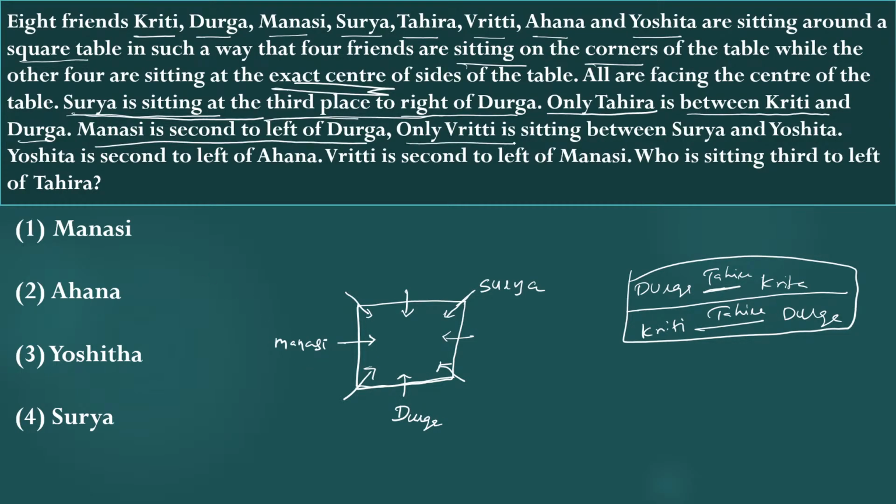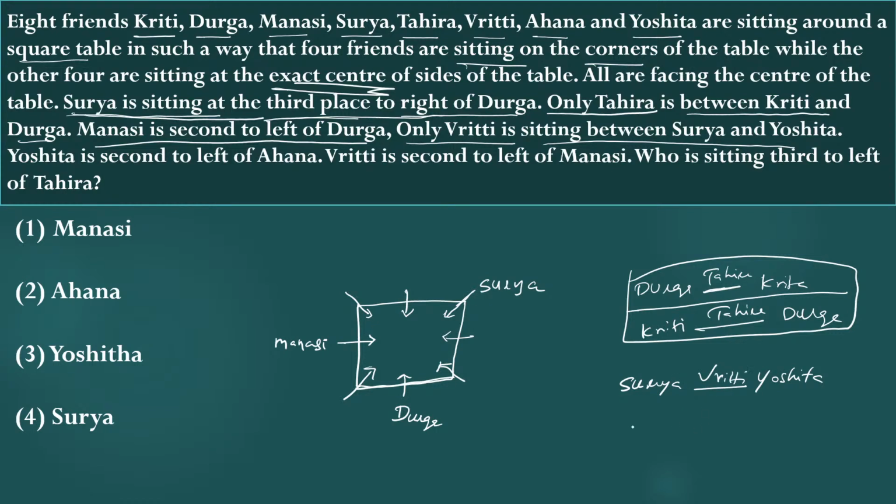Only Vritti is sitting between Surya and Yoshita. The person sitting between Surya and Yoshita is Vritti.